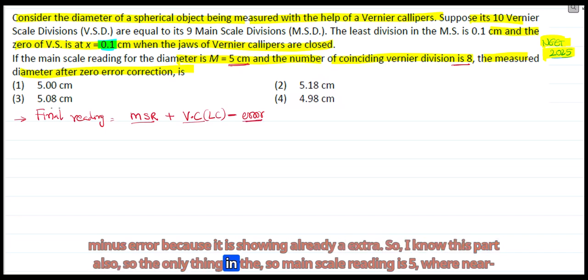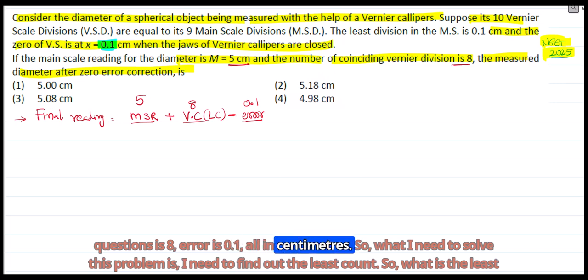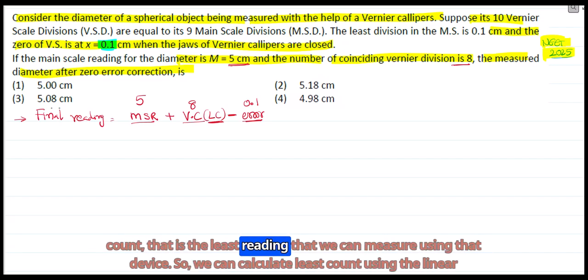So the main scale reading is 5, the Vernier coincidence is 8, the error is 0.1, all in centimeters. What I need to solve this problem is the least count. So what is the least count? That's the least reading that we can measure using that device.